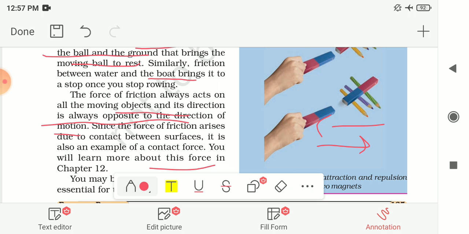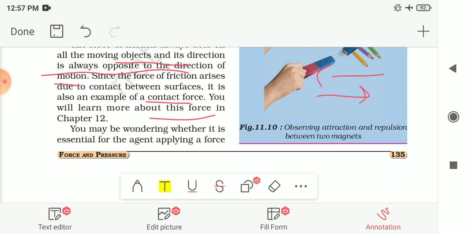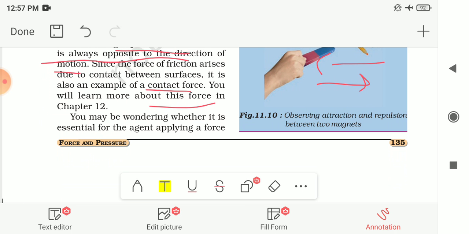Since the force of friction arises due to the contact between the surfaces, it is also an example of contact force. Here we had seen that there is contact between the surface of the object and the ground. So that means contact is there between the two objects. That is why we can also say that frictional force is an example of contact force. And you will learn more about frictional force in chapter number 12.